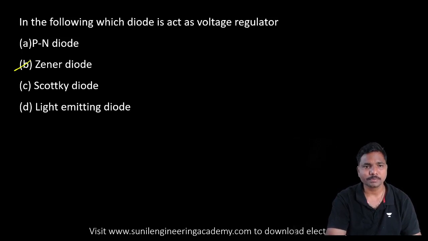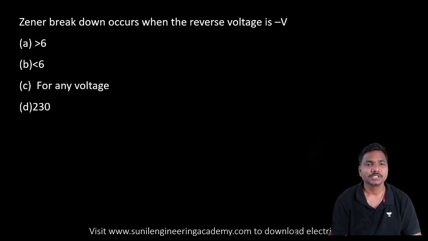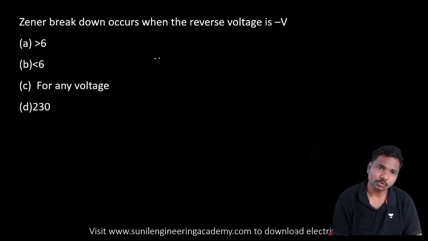Okay, all these questions belong to special diodes. These are also very important, guys. Zener breakdown occurs when the reverse voltage is dash. Here we have two types of breakdowns. One is Zener breakdown and the second one is avalanche breakdown.